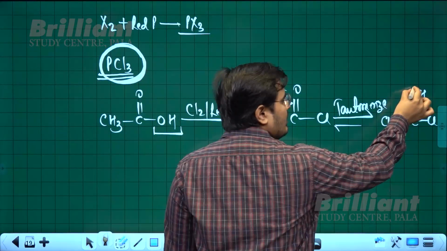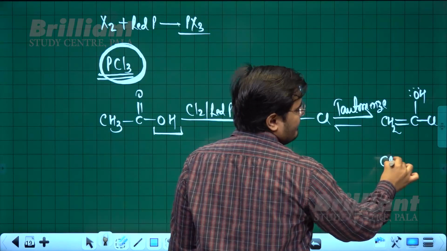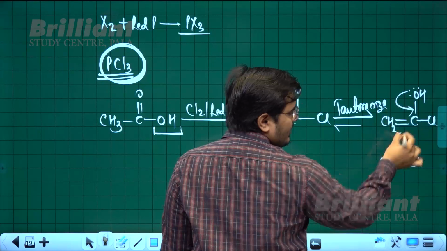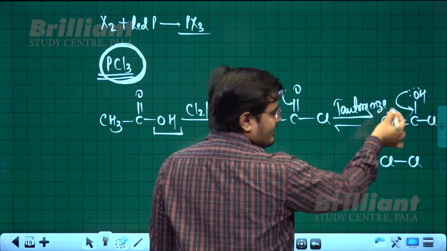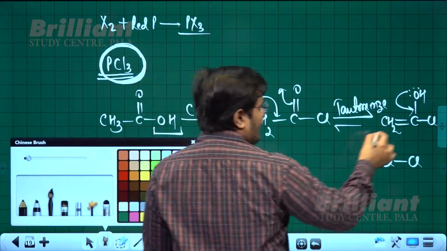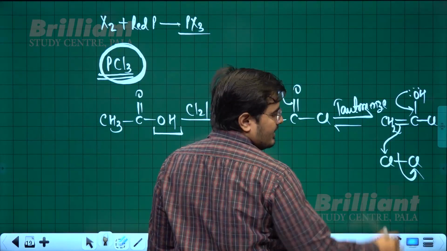Now I know enolic forms are nucleophilic. So if I have a molecule of Cl2, then this electron pair will come back and this electron will move on carbon, or you can say the electron from the pi bond will be donated to one of the chlorines and this bond will break.